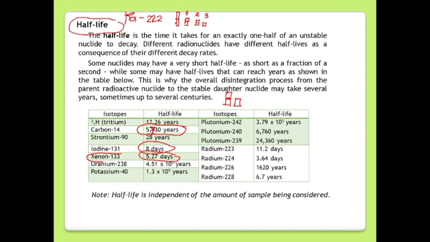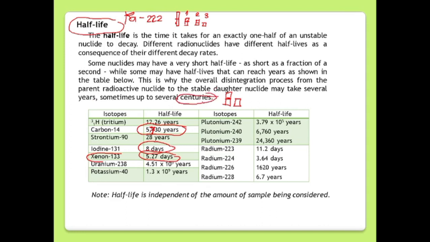So, some nuclides may have a very short half-life, as short as a fraction of a second, while some may have half-lives that can reach years, as shown in the table below. So, this is why the overall disintegration process from the parent radioactive nuclide to the stable daughter nuclide may take several years, sometimes several centuries.